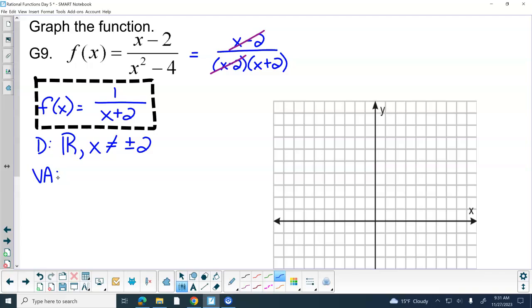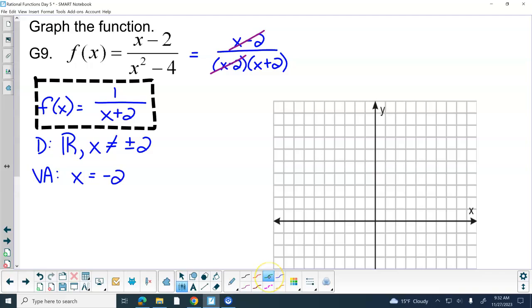X equals -2 is the only vertical asymptote, because I'm using this function now for everything after the domain. Domain, I use my original function. Everything after, I use my new function. Now, if nothing had canceled out, then there is no new function. Then it's just my original function, and I do it like we just did last. But something canceled out here.